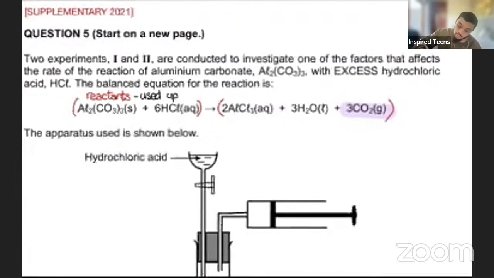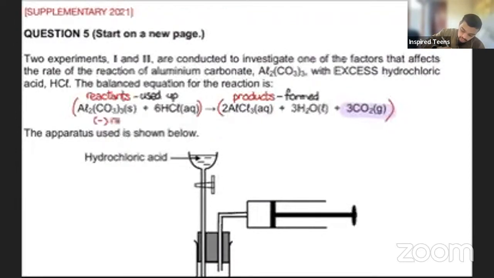Then we have products, and remember that products are formed. So because reactants are used up, they actually have a negative rate of reaction, and because products are formed, they actually have a positive rate of reaction.